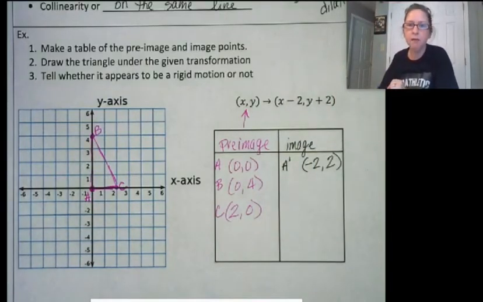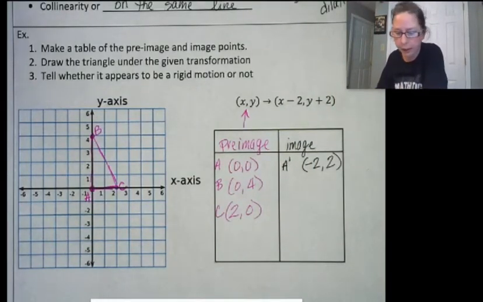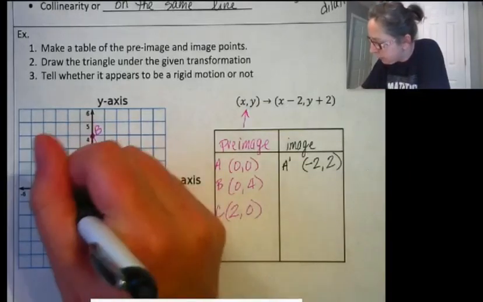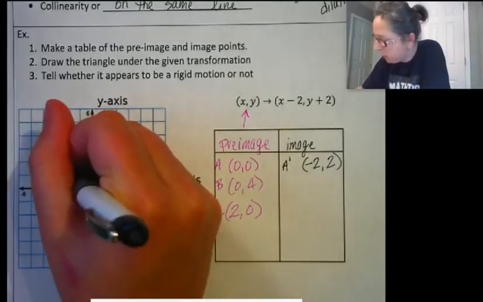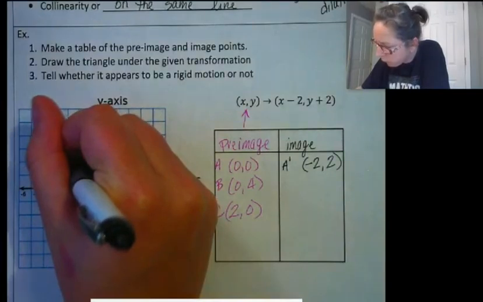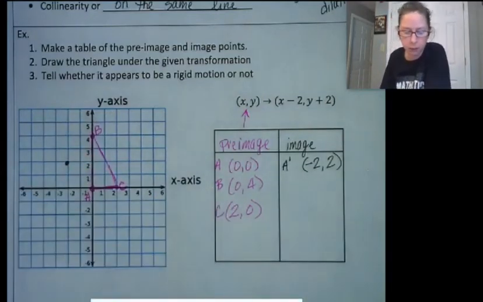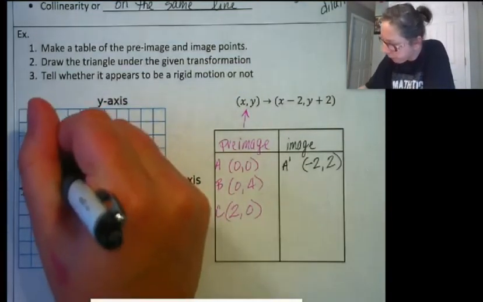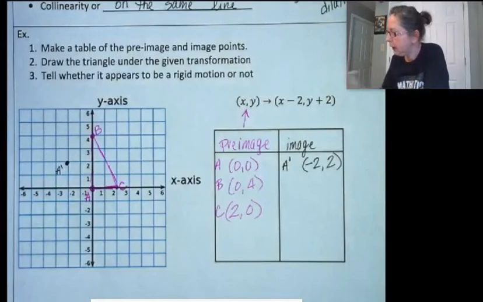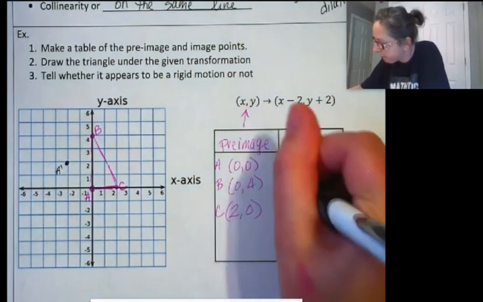And I'm going to go plot this point on my coordinate plane. So negative 2, up 2, and that is going to be called A prime. Now let's do our B prime.